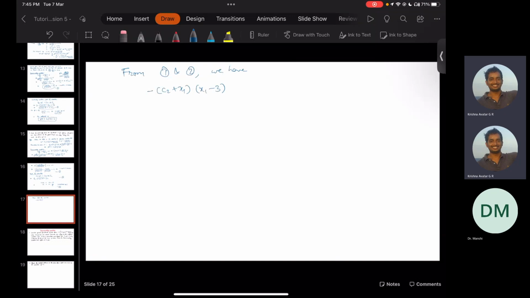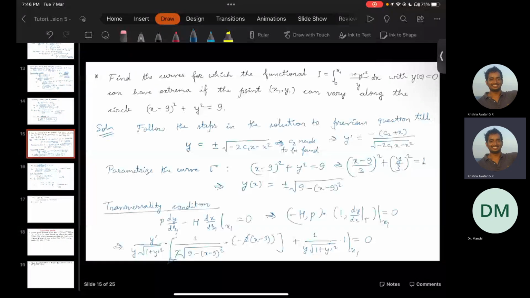And let's just expand both these equations. So we'll have minus C2 of X1 plus 3C2. I think it's not X1 minus 3. Okay, let me just check. There is some mistake. Okay, it's X1 minus 9. Sorry for the mistake. Yeah, there is X1 minus 9.